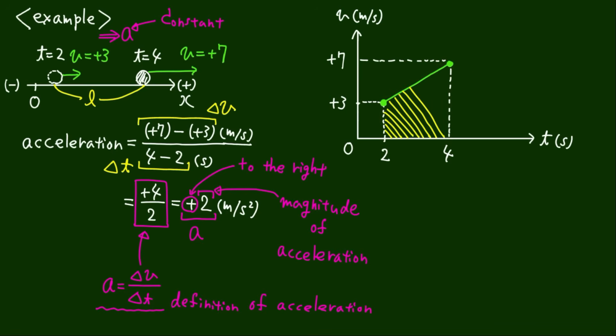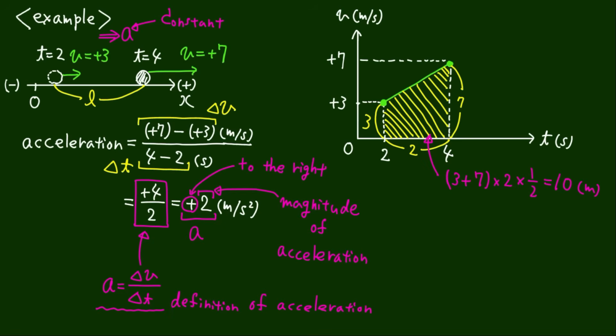So this width is 4 minus 2, which is 2, and this height is 3. And since this height becomes 7, we can immediately calculate the area of this trapezoidal part. Yes, it becomes 10. In this uniformly accelerated linear motion, we can calculate that the distance traveled was 10 meters. Is that clear?